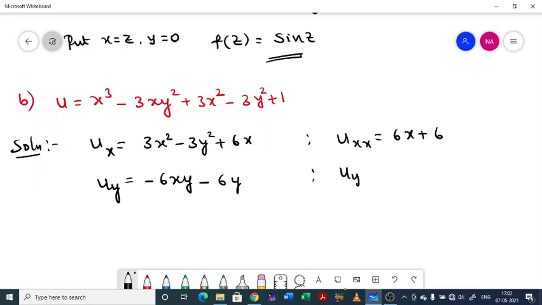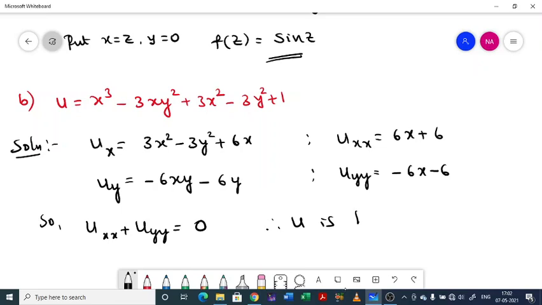U double y equal to minus 6x minus 6. So U double x plus U double y equal to 6x plus 6 minus 6x minus 6, you get 0. Therefore U is harmonic.